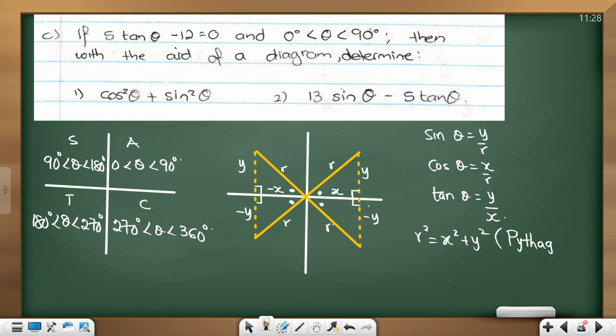The theorem of Pythagoras. R is always positive. R squared equals X squared plus Y squared.